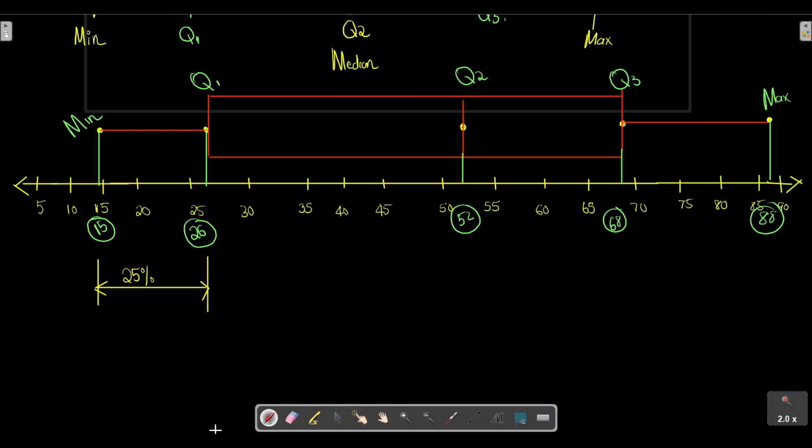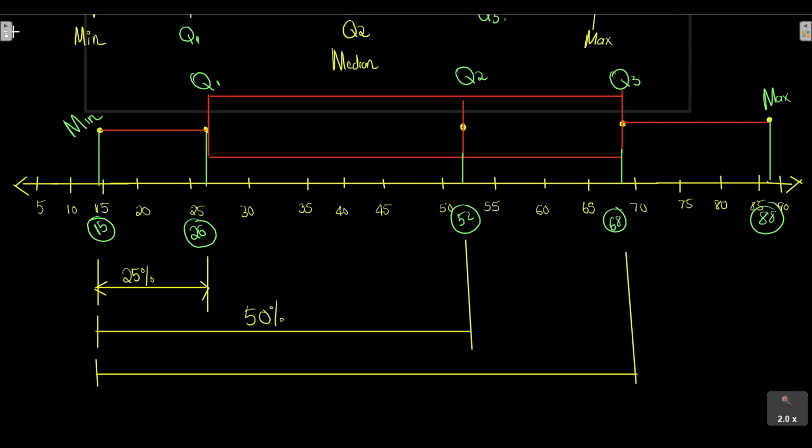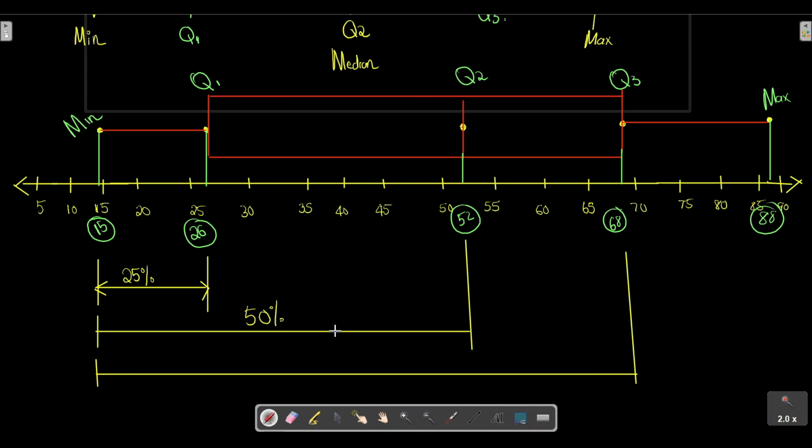If we move from your minimum value to your Q2, all the values between your minimum value and your Q2 represent 50% of the data. Then if we move from your minimum value to your Q3, all these values represent 75% of the data.